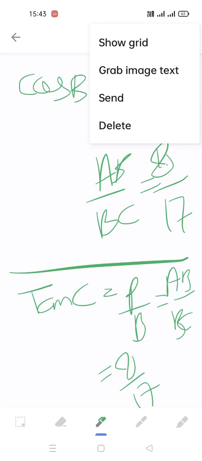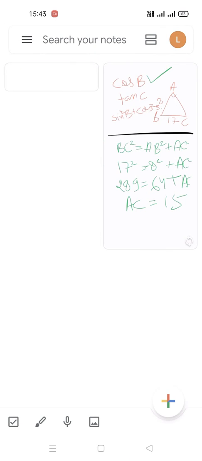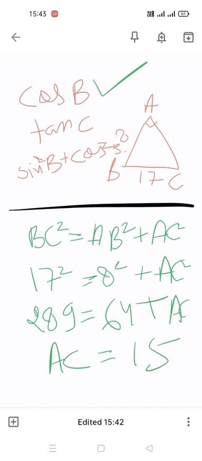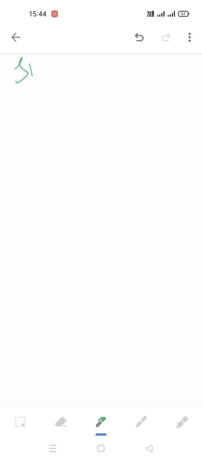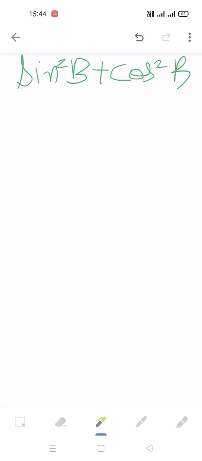Now next is sine square B plus cos square B. In this you can see sine square B plus cos square B. So we can assume the identity a plus b whole square.